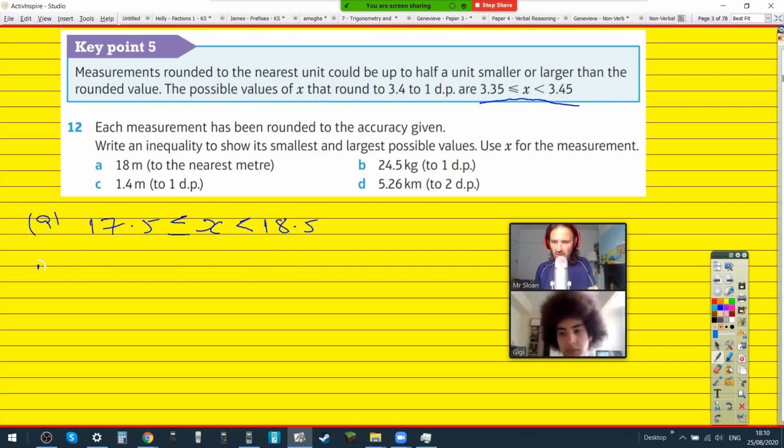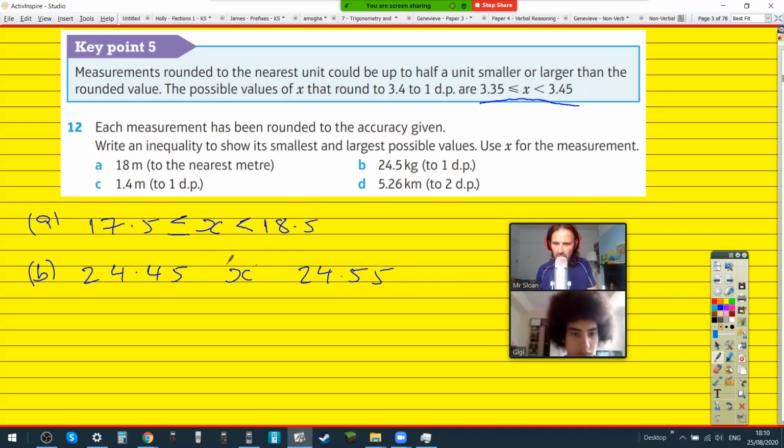Okay, B. 24.45 and 24.55. You have x in the middle.